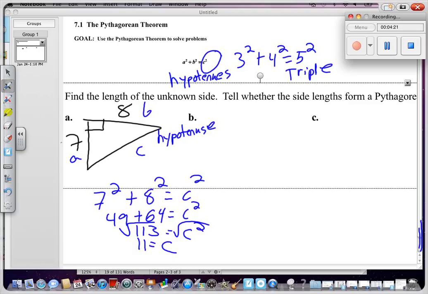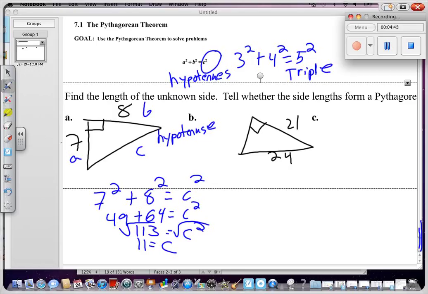All right, here is our triangle. I'm going to ask you these questions as we go. Please raise your hand if you believe this is a right triangle. Anybody not believe it's a right triangle? You know it's a right triangle because that little square means 90 degrees.